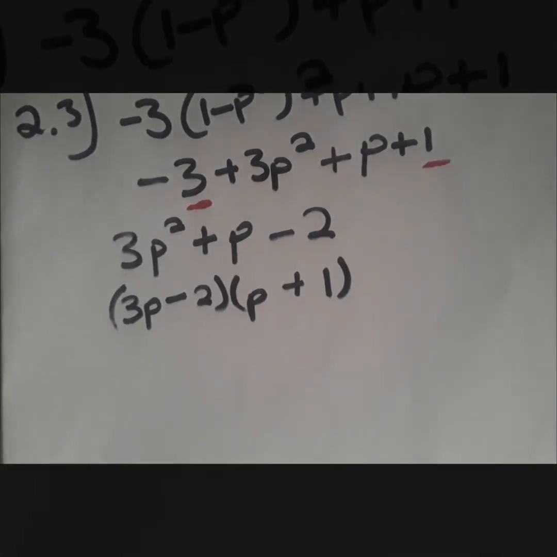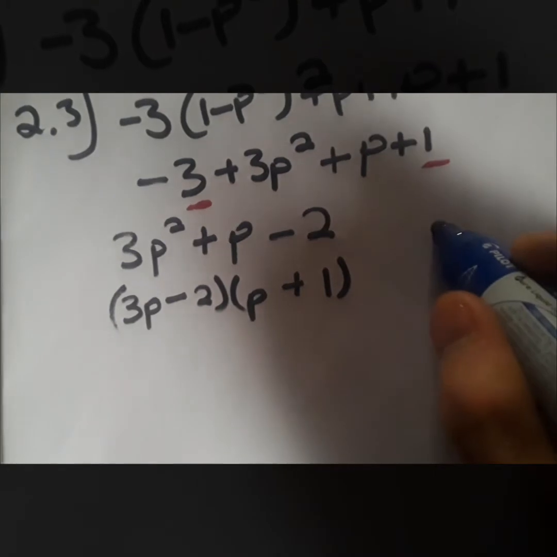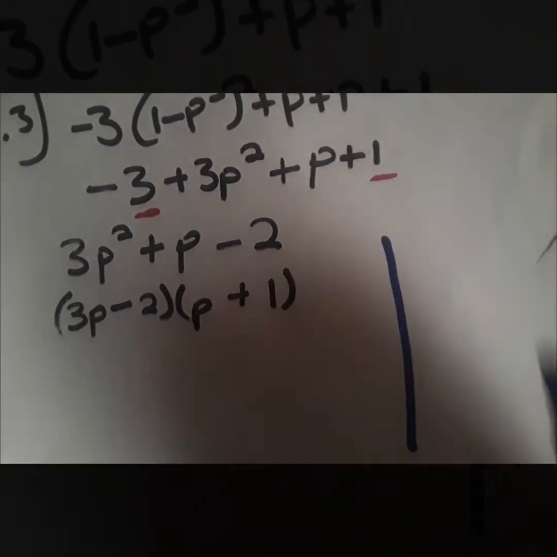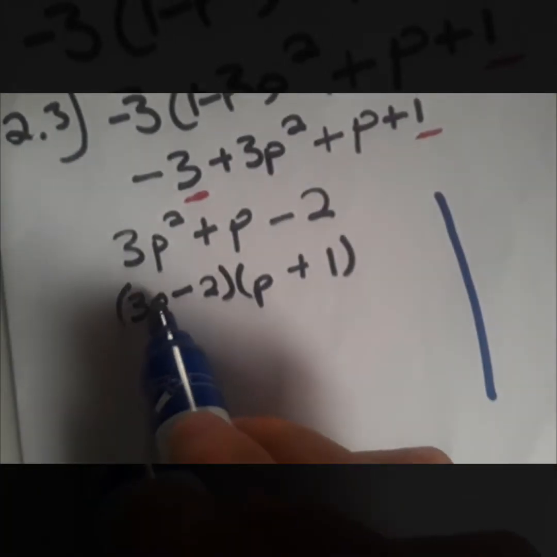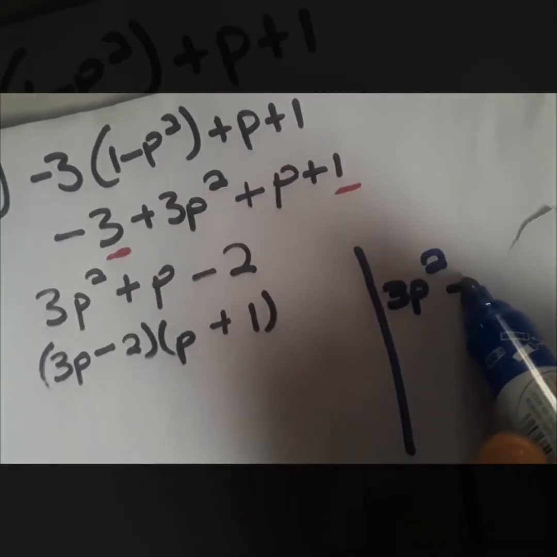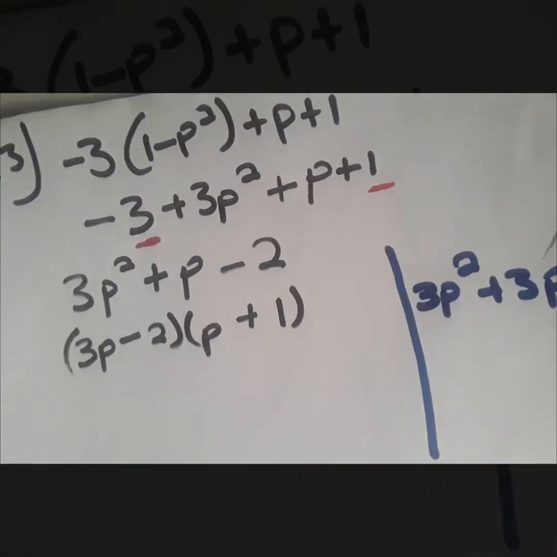You need to make sure that your factors are correct. The only way to be sure is by checking. So 3p times p equals 3p squared, and then 3p times 1 equals 3p.